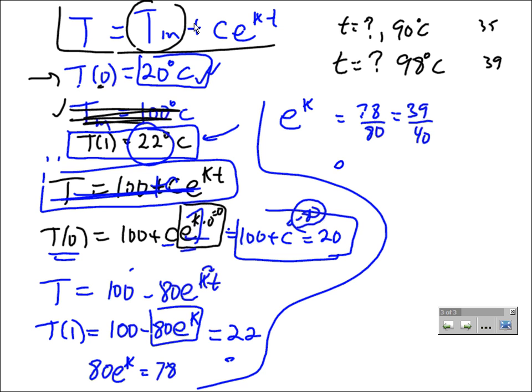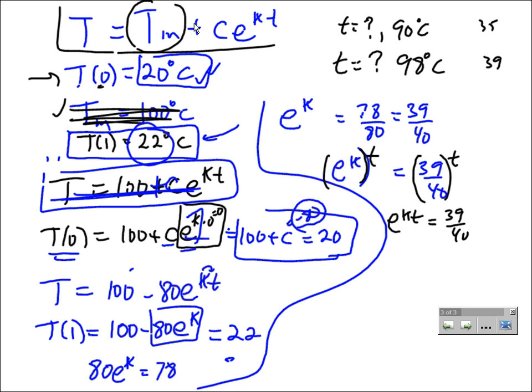But this is wonderful. This is just magical. Because if I raise this to the t power, I get e to the kt. And e to the kt is this, and this has no k's in it.